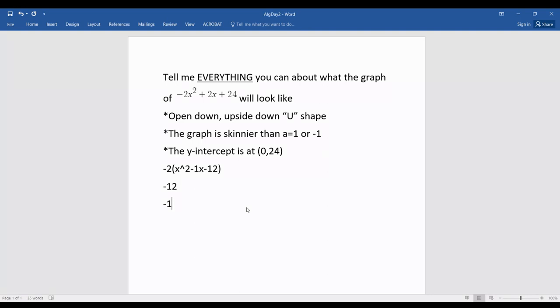So basically, I'm asking myself, what are the two numbers that would multiply together to -12 and add to -1? So this tells me one's a positive and one's a negative. I can start going through my list of 1 and 12, 6 and 2, and 3 and 4. Those are really my only options. So eventually, I will recognize that my options are going to be -4 and +3.